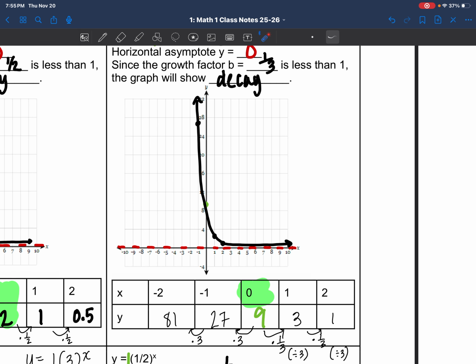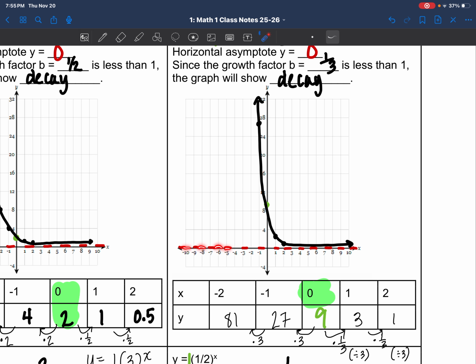And now that you have your points, graph your asymptote, y equals 0. And that's your imaginary line. Now we're going to plot our y-intercept, which is at 0, 9. And then go ahead and let's plot the other points. Negative 1, 27. This one is off the graph, so we can't really plot this one.